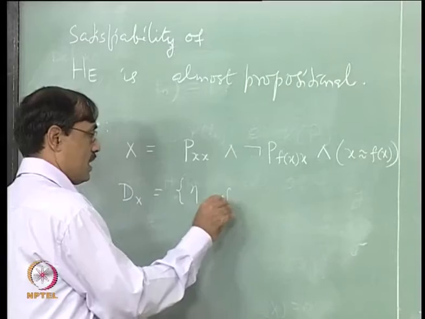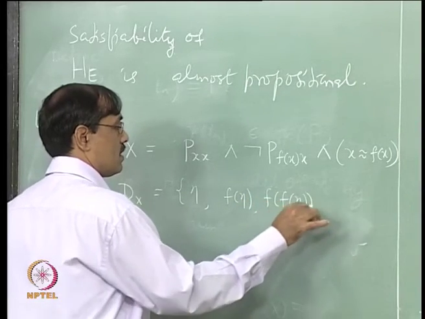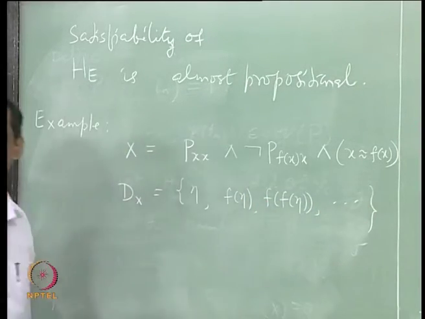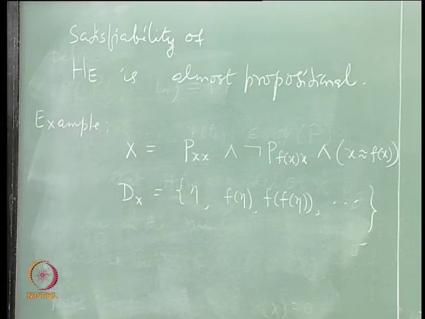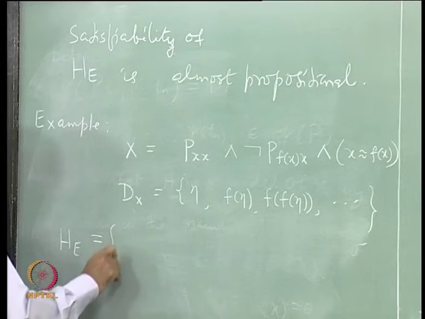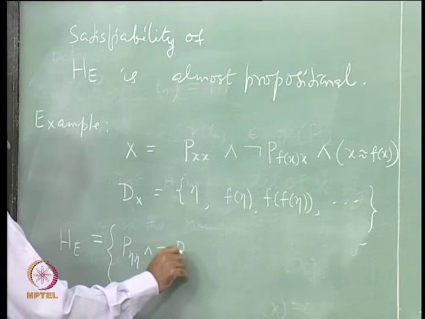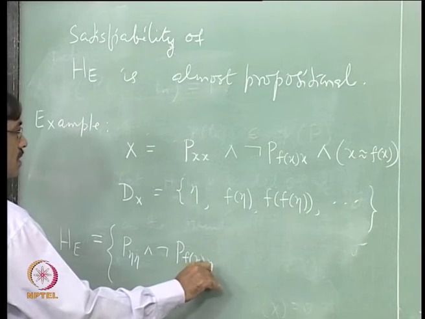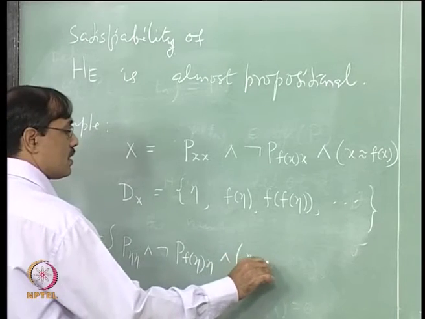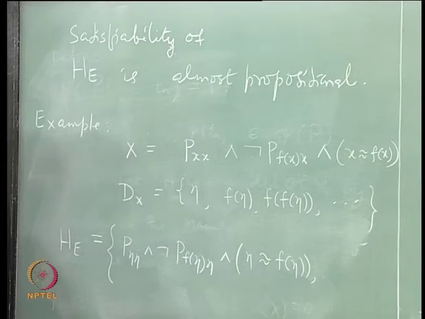So I would get f of eta, f of f of eta and so on, all these are there in the Herbrand domain. Then the Herbrand expansion will look like p eta eta and not p f eta eta and eta is equal to f of eta, right.